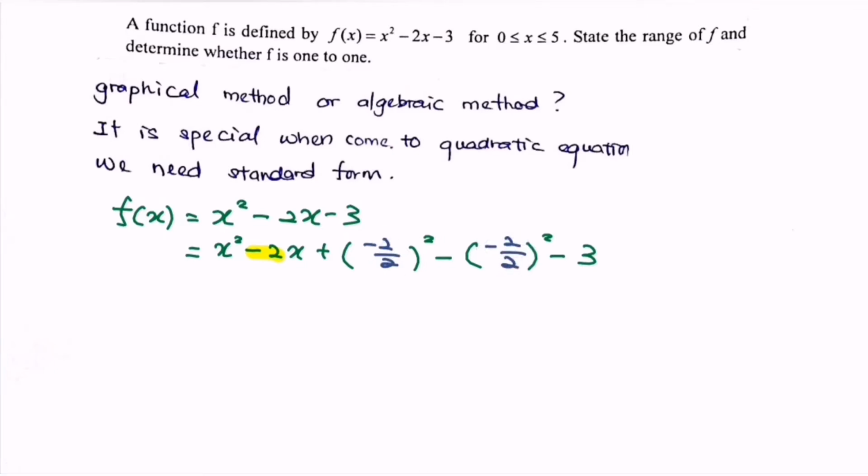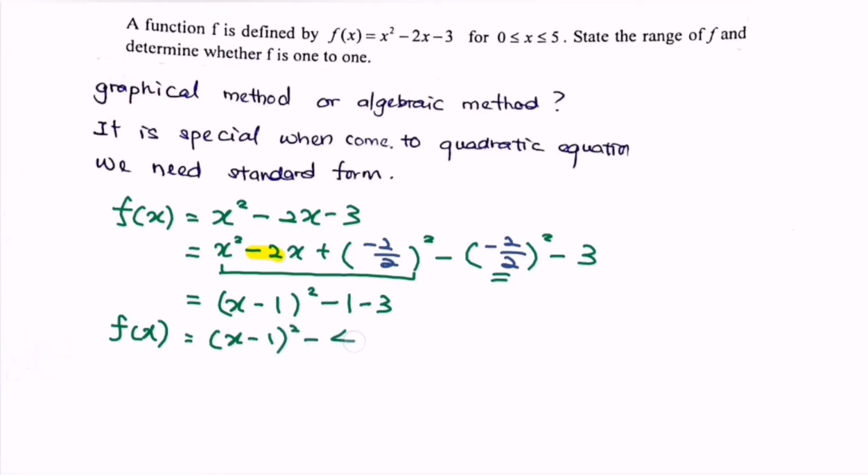Simplify, and we will have (x minus 1) squared minus negative 1 squared, minus 3. Finally, in the standard form, we have f(x) = (x minus 1) squared minus 4. Here we have the standard form.